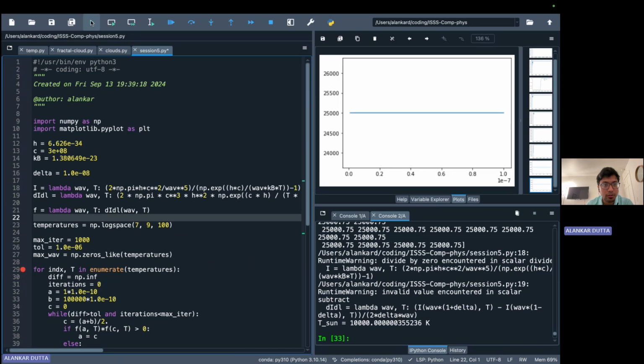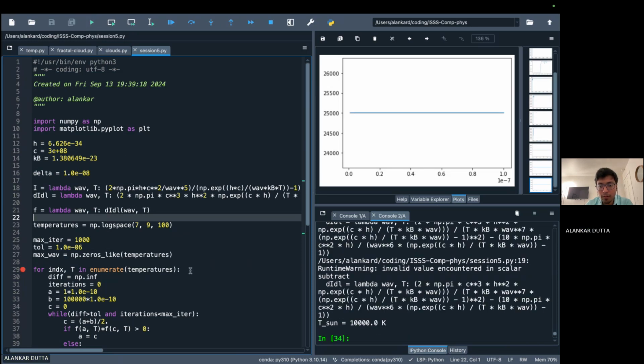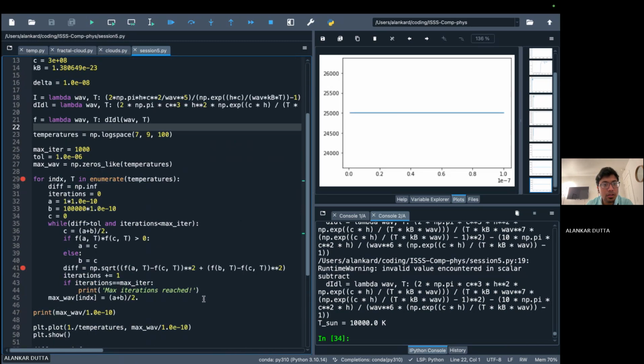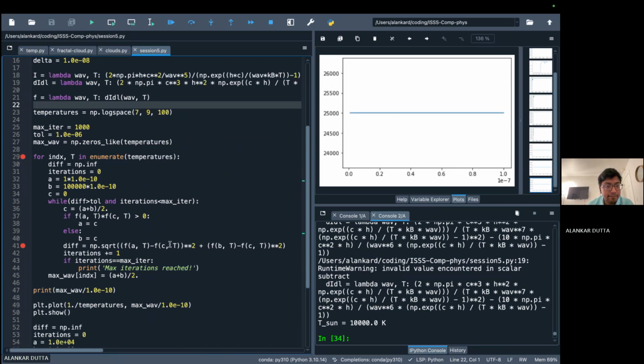Okay, so let's try this one. Or dI/dL equals 10 to the minus 10.